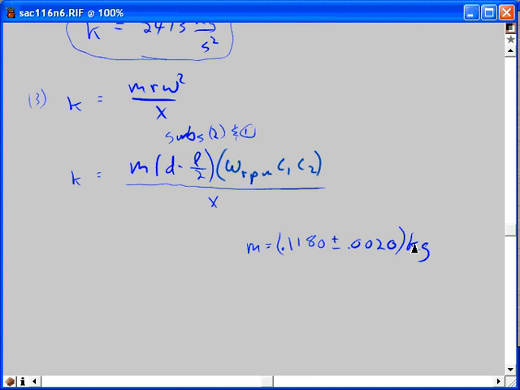It's real convenient to make a table here, so when I get to Gal-CP I know exactly what to substitute in there to type in. And D is 0.134 plus or minus 0.0020 meters.